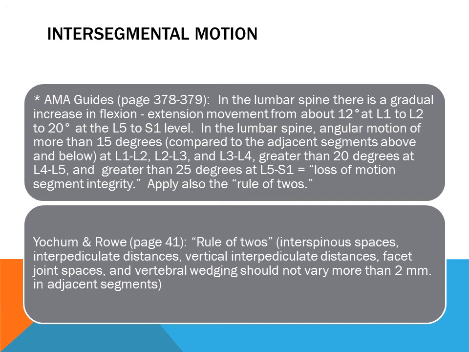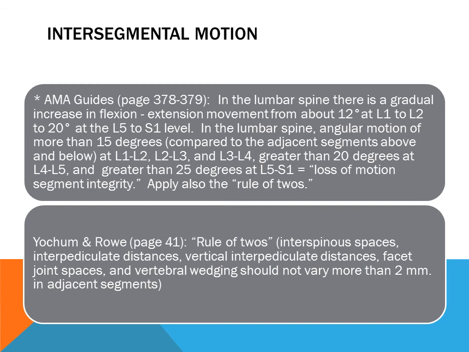flexion extension movements from about 12 degrees at L1 to L2 to 20 degrees at L5, S1. Starts out at 12 degrees at L1, L2 and increases gradually to about 20 degrees at L5S1. Well, let's think about it.